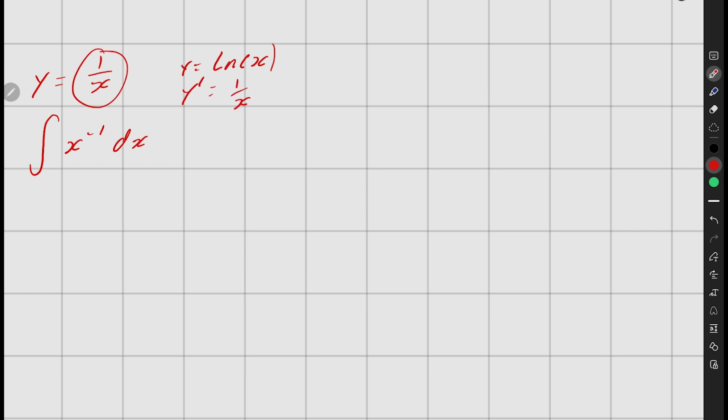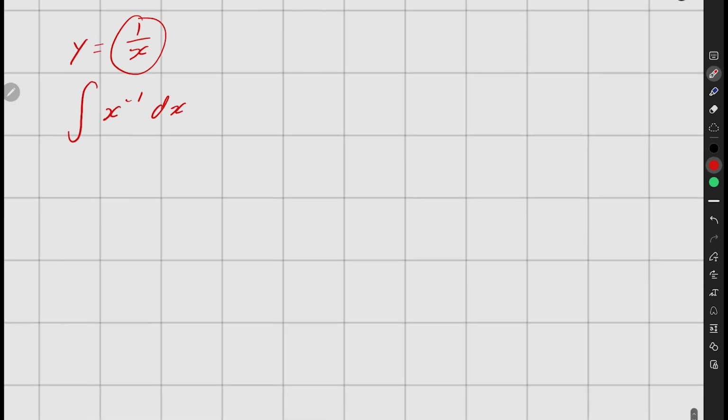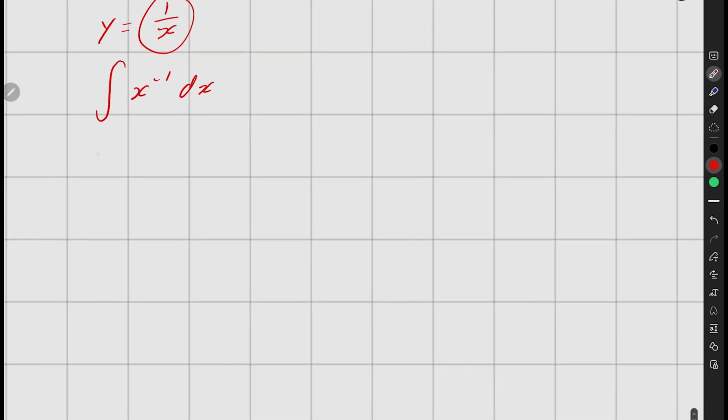Therefore, it will integrate to ln x, because integration is the opposite of differentiation. So the integral of 1 divided by x is ln of x plus c. That's another rule of integration which you need to remember.